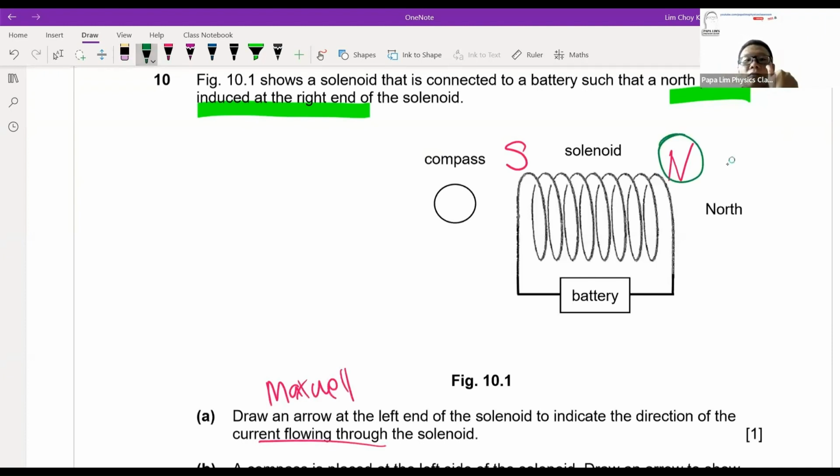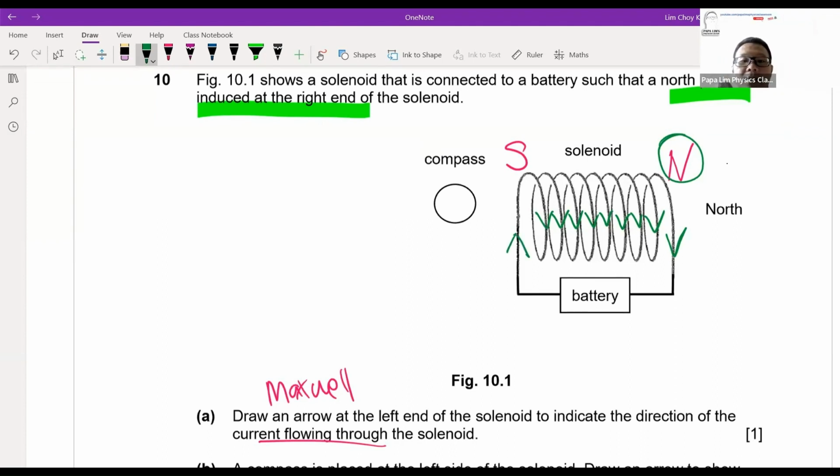If you curl your fingers using Maxwell's right-hand grip rule, you'll find that the current is going downwards. So in this area, the current will be going downwards in this arrow here. You'll be in the front, coming down, so you'll be going into the paper itself. So the current will be going down on the right side, and going up on the left-hand side.